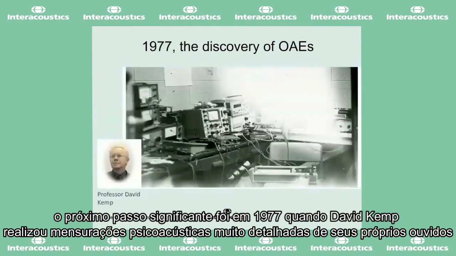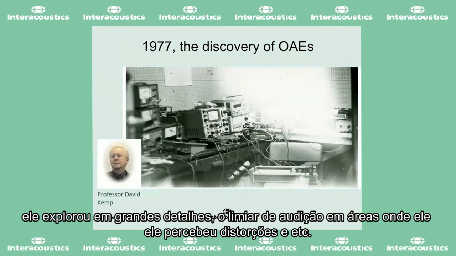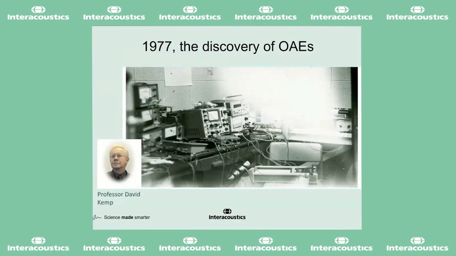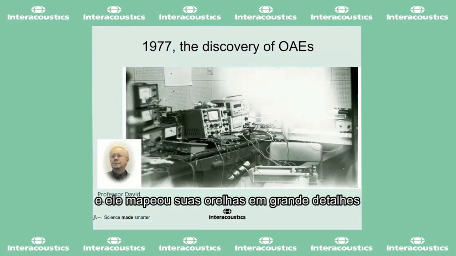So the next significant step was in 1977, when David Kemp was performing very detailed psychoacoustic measurements on his own ears. He was exploring in great detail the threshold of hearing in the areas where he could perceive distortions, etc., and typically using very low stimulus levels. And he mapped his ears out in great detail.